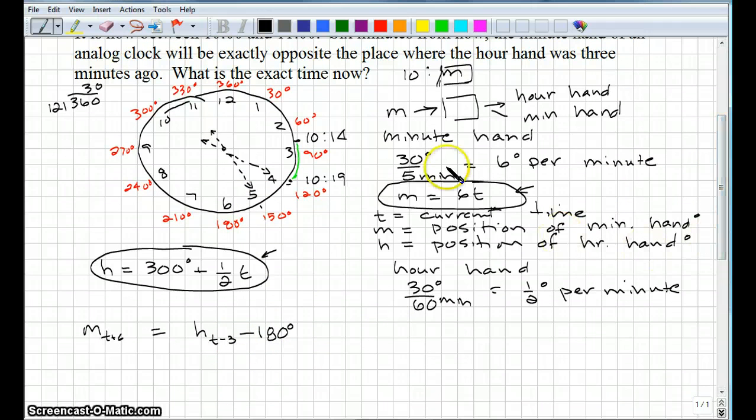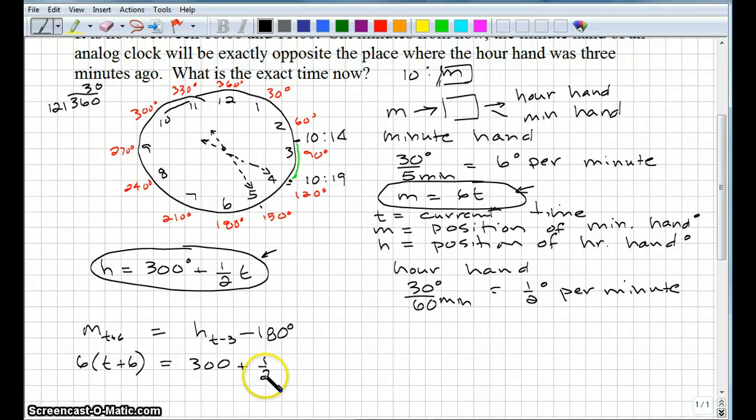We have a couple of functions here. So let's see. The minute hand is 6t, but we want to know not at the current time. We want to know the position of the minute hand 6 minutes from now. So 6 times t plus 6 is equal to the hour hand. So we have 300 plus, and it's where the hour hand was 3 minutes ago.